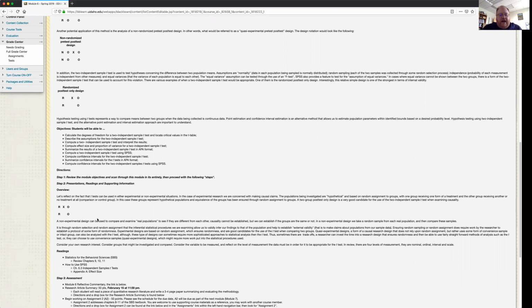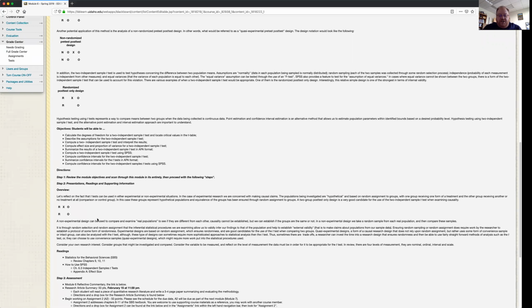Let's reflect on the fact that t-tests can be used in either experimental or non-experimental situations. In the case of experimental research, we are concerned with making causal claims. The populations being investigated are hypothetical and based on random assignments to groups, with one group receiving one form of a treatment and the other group receiving another or no treatment at all, a comparison or control group.